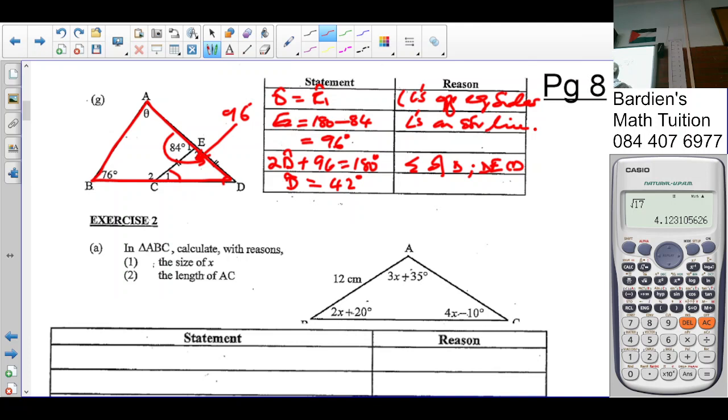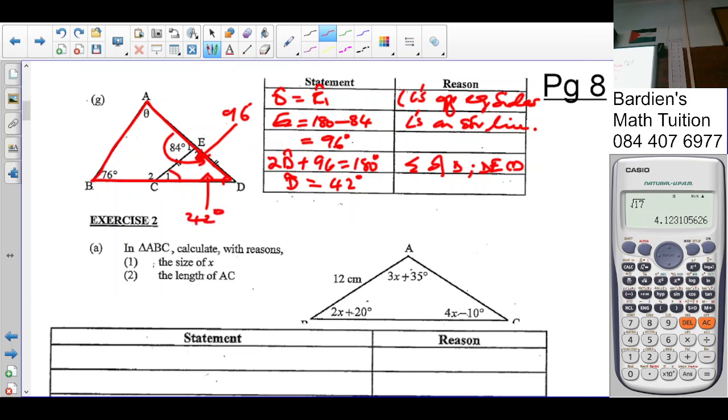Then afterwards you'll have to say it's equal to D. But why do I go with D straight away? It's because I want D. That's why I went with D. So that is 42 degrees.